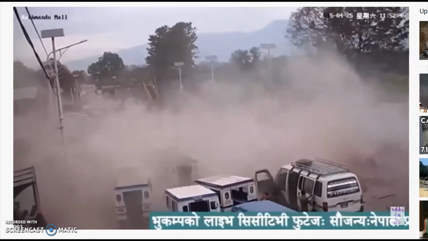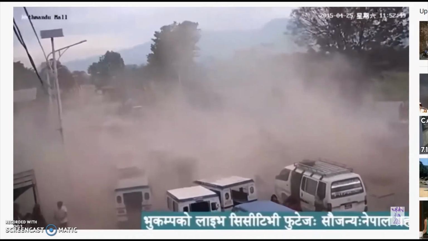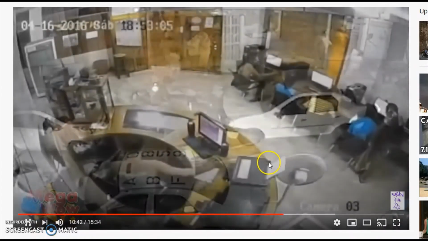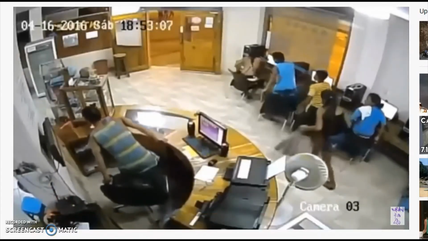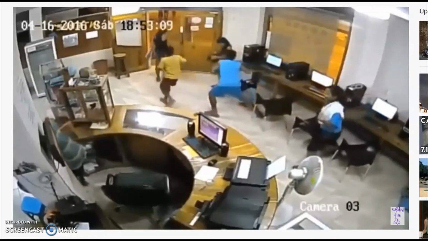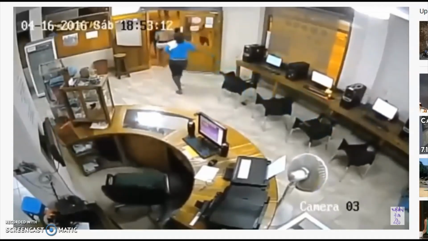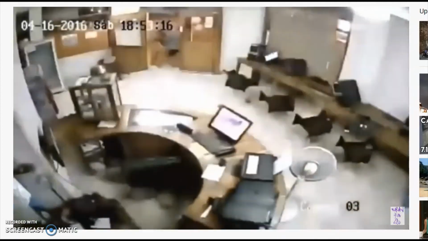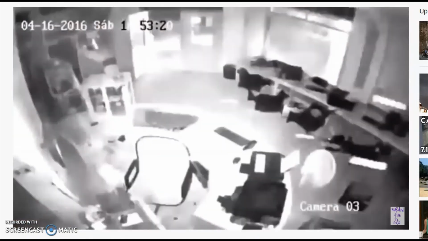I'm going to show you another example of an earthquake. Okay, we're waiting for this scene to finish. This is the scene I want to show you. These people are working on computers. It might be a library. And watch what's going to happen now. Crazy. They lose power. You usually lose power during earthquakes.